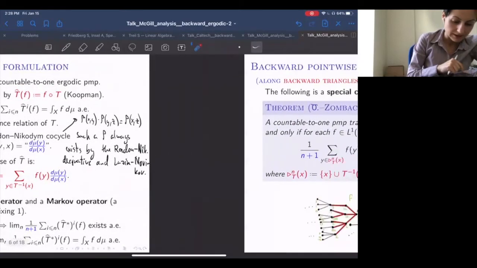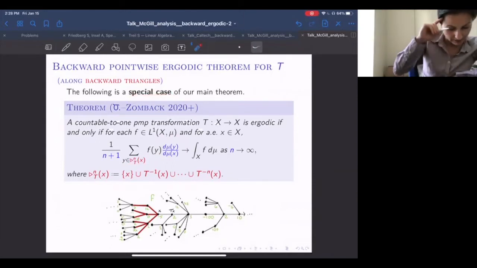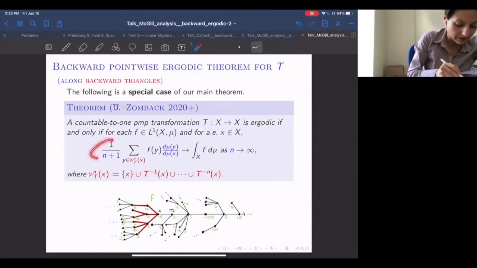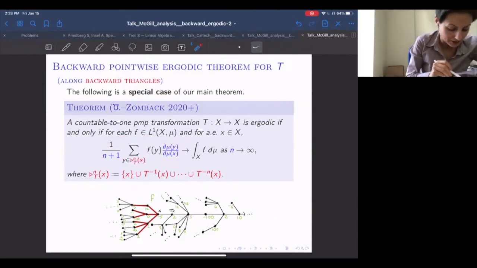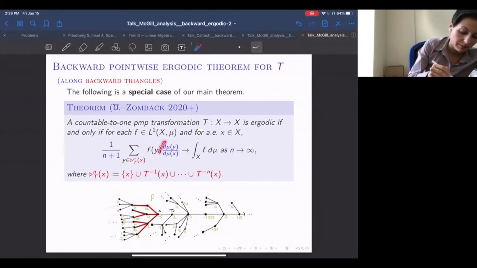And now let's understand. So now that we have these weights, I just rewrote what I mean by weighted average. This is the theorem from the previous slide, the special case of our general theorem. I'm just replacing the English phrase weighted averages by the actual formula. So we take all points y in this preimage triangle of height n, and we sum the values of the function times the weight of that point relative to x.